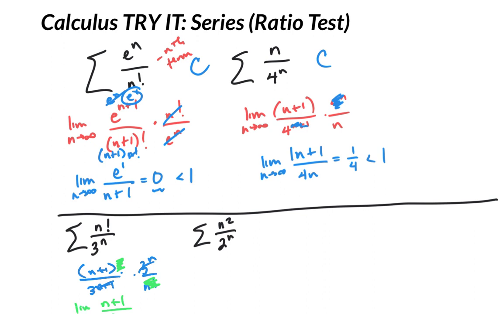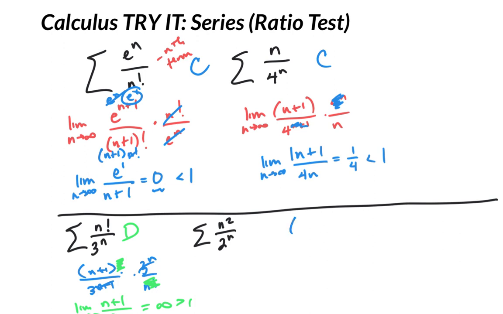When in doubt of your simplifying, especially with factorials, plug a number in. If you plugged like 10 in, and you had 10 plus 1, so you had 11 factorial divided by 10 factorial, well, that would be 11, because everything else would divide out. So that's why we're just left with that n plus 1. Now here, all of the power is in the numerator, so the limit's infinity. Well, that's bigger than 1, so this diverges.